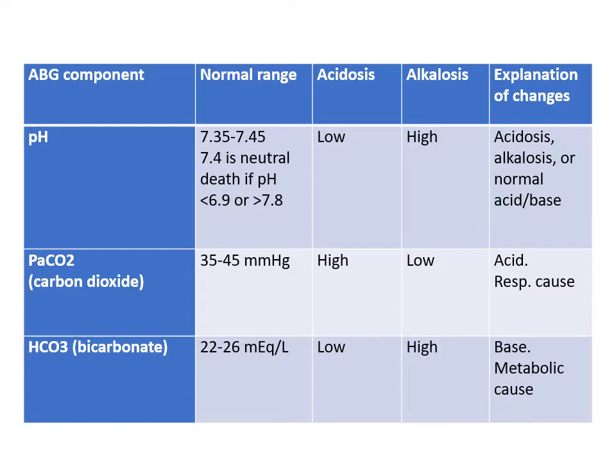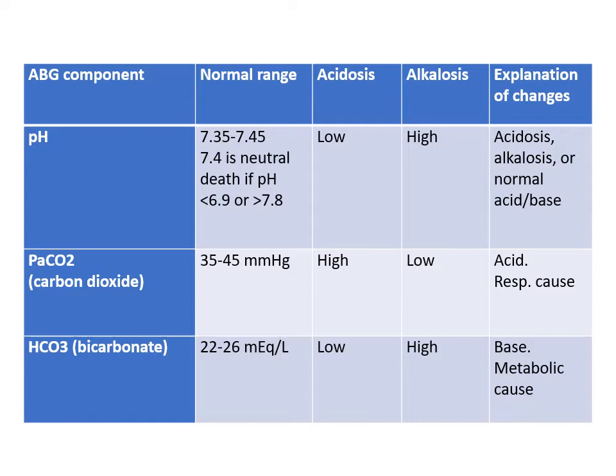Okay, so let's just solidify the information more before we get to some cases here. So your arterial blood gas component, pH, 7.35 to 7.45. Typically, as you get towards 6.8, 6.9, that's a pretty severe acidosis.